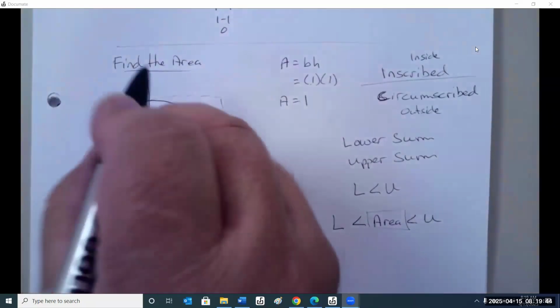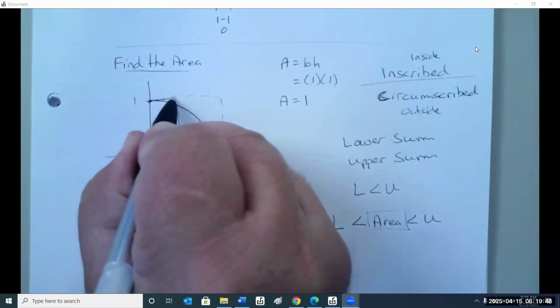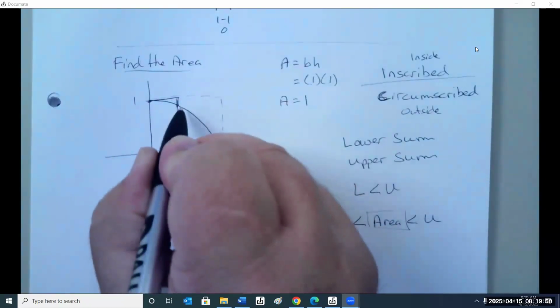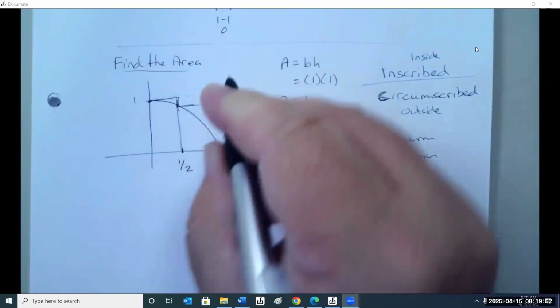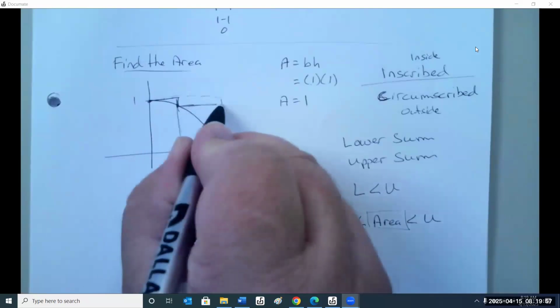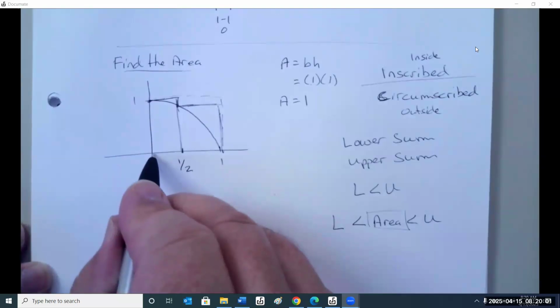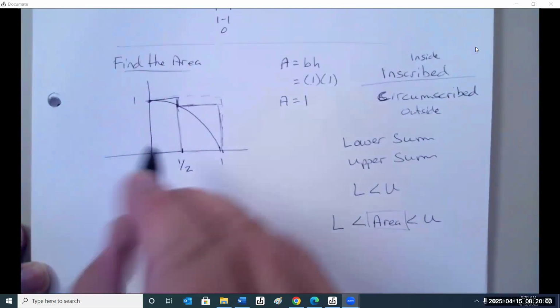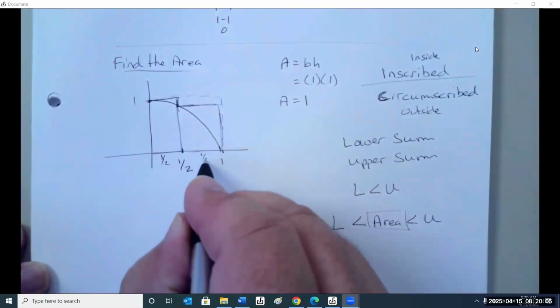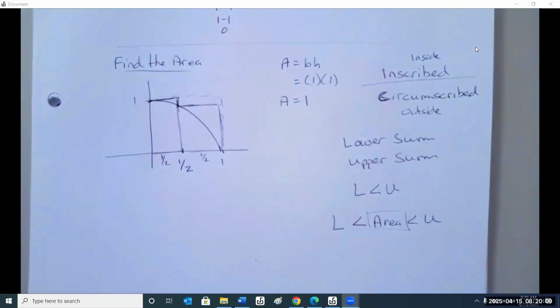So let's look at the first one. One way we can look at this, remember, we need rectangles. So we're going to use our base is a half. This is a half. This is a half. But the heights are different.